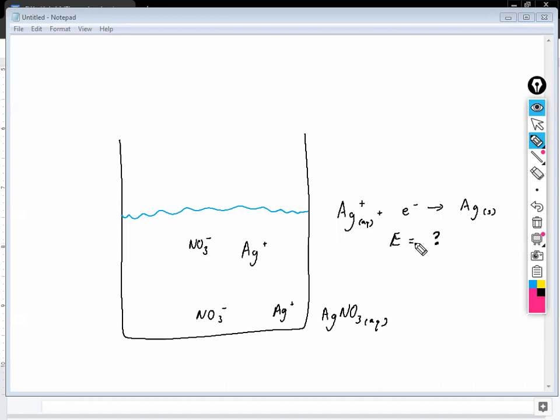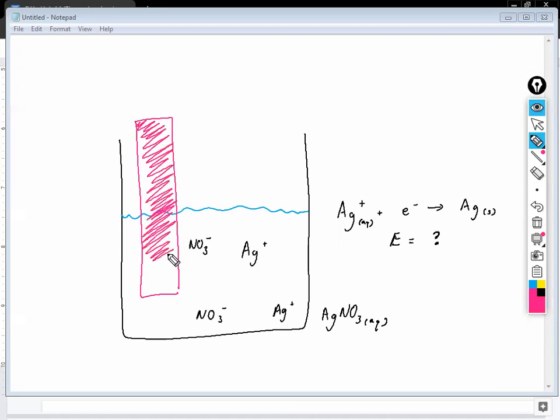Okay, but what happens is we stick a piece of metal inside of this ionic solution. So this is my piece of metal. Let's say for the sake of argument, this is solid zinc. Wow, look at that cross-hatching.